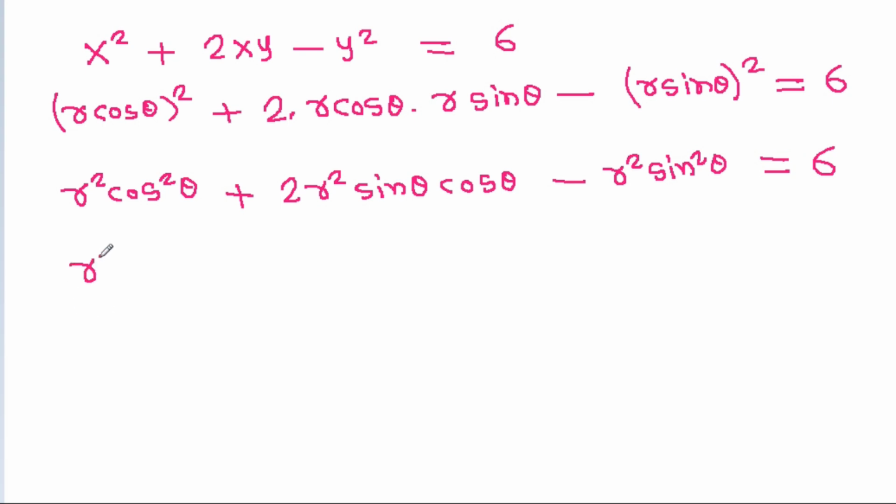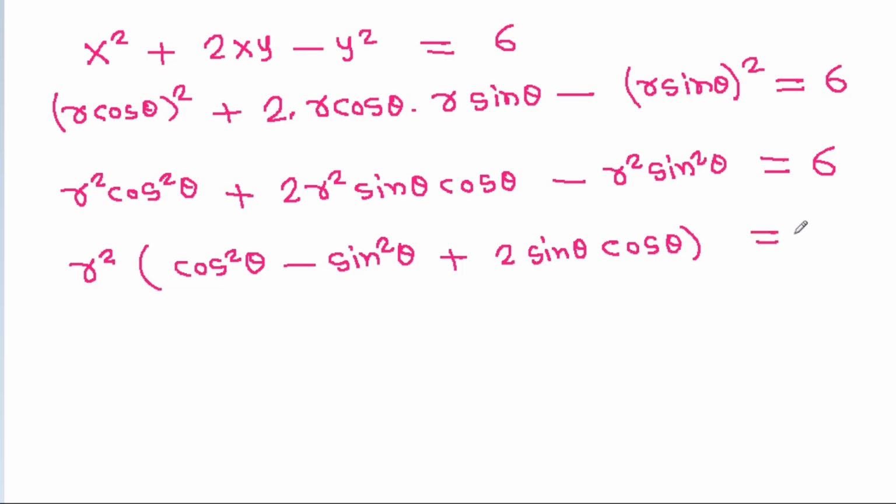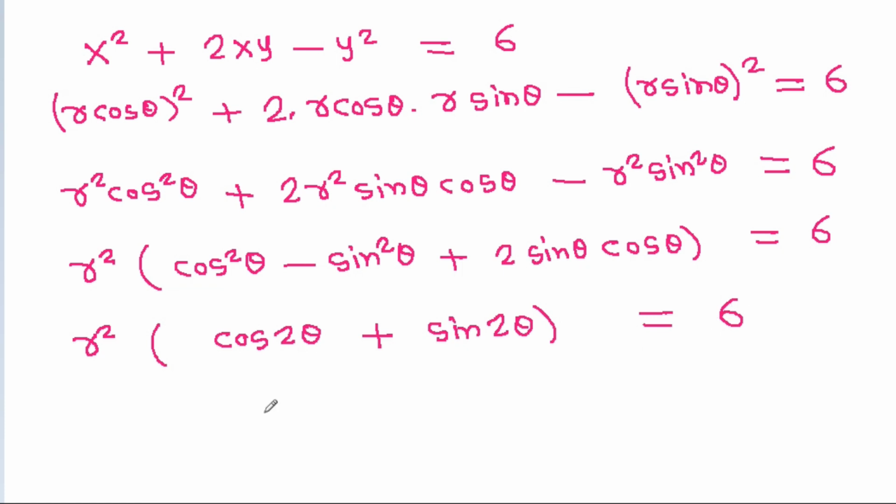And we can take r squared common and we will get cos squared theta minus sin squared theta plus 2 sin theta cos theta is equal to 6, and it is r squared, and cos squared theta minus sin squared theta is cos 2 theta, plus 2 sin theta cos theta is sin 2 theta, that is equal to 6.